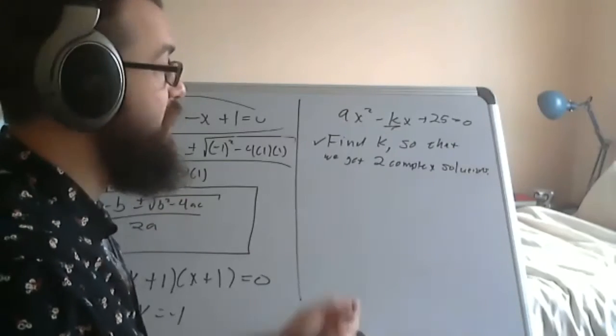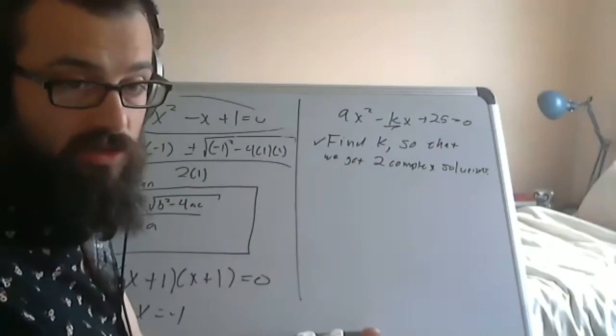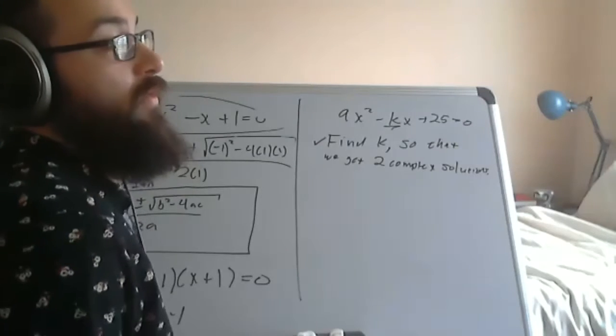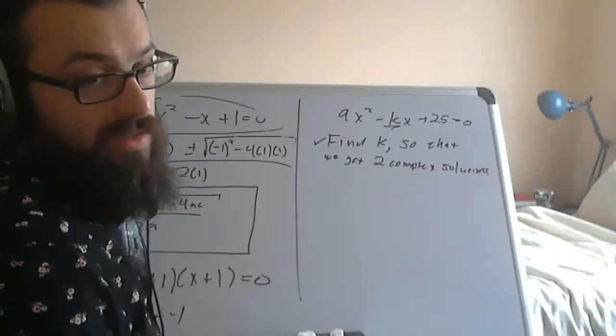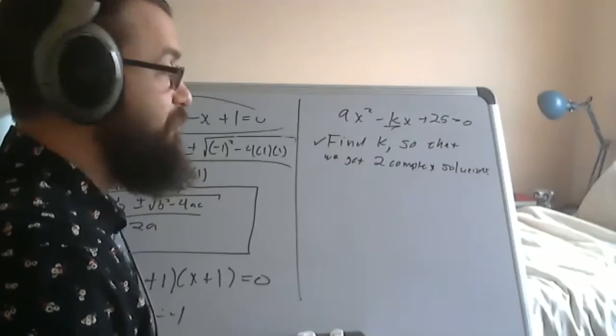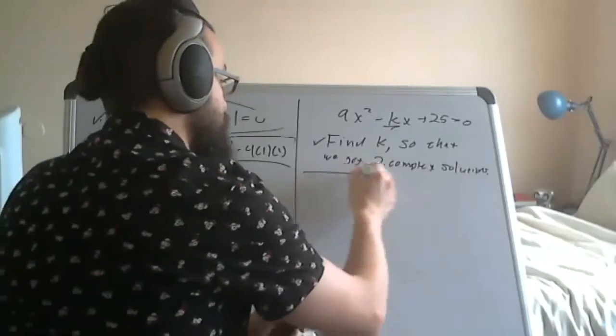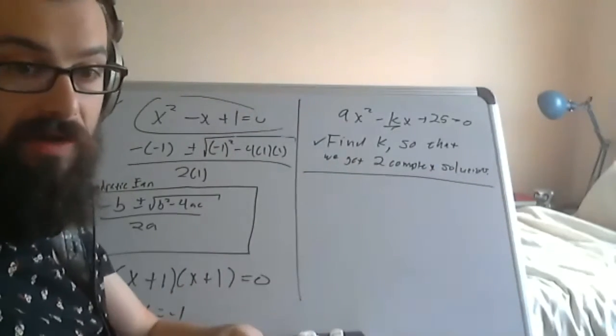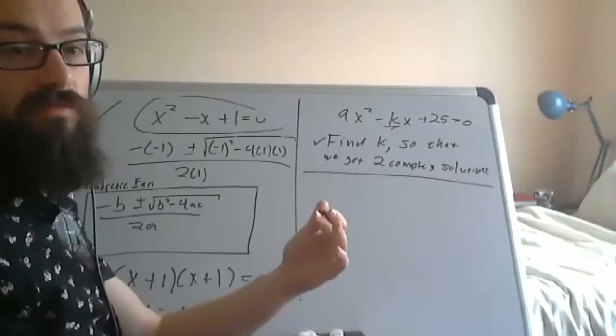So after we're done throwing these numbers into the quadratic equation or factoring, we're going to get complex numbers. So the only thing we're worried about is the discriminant.